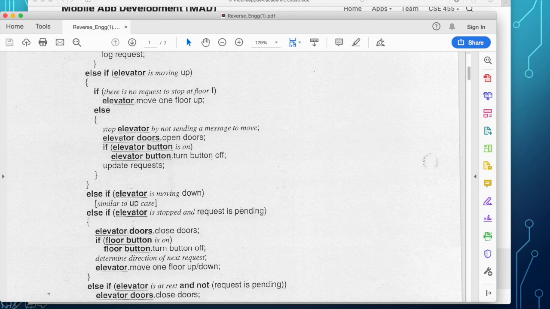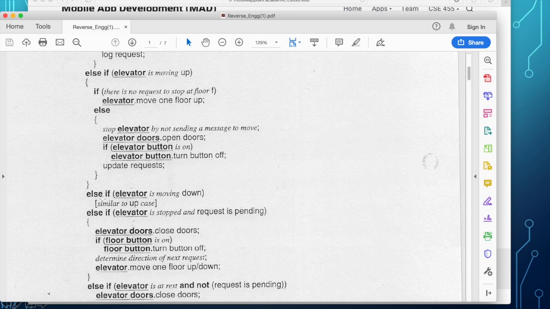So that's understood that you will just repeat the logic if the elevator is stopped, then it should move one floor up, in this case, one floor down.